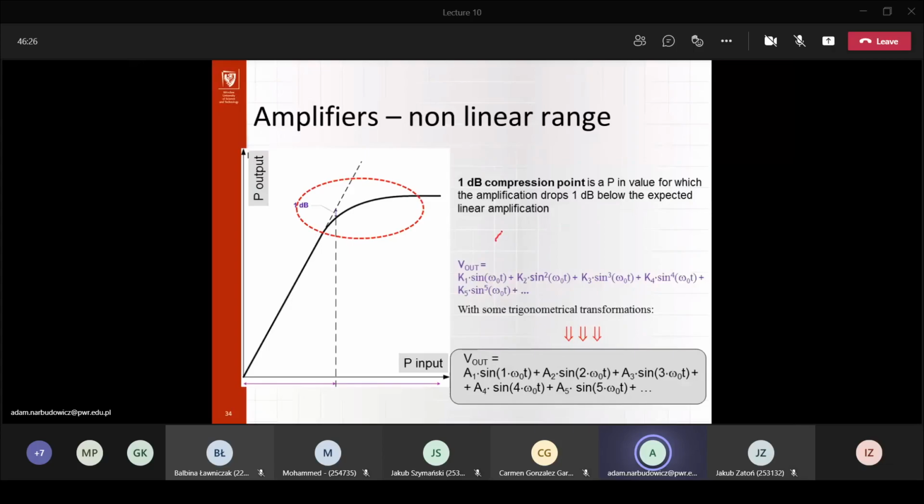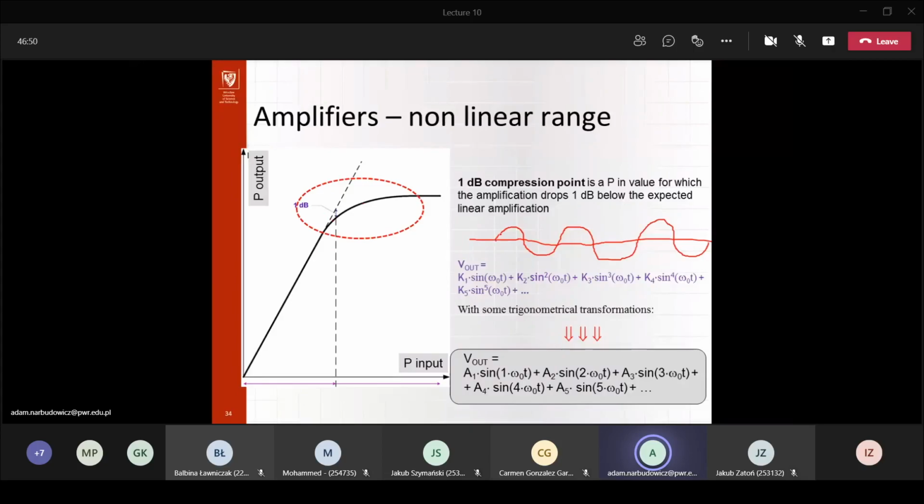So basically let's assume this is your input signal. This is the sine function that you're working with. And let's assume that you are working close to this point.